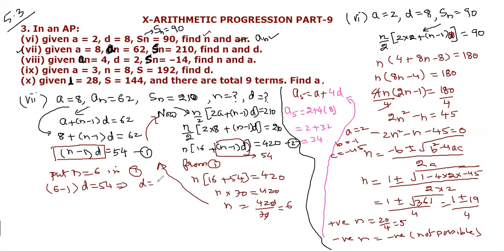So d is equal to 54 divided by 5. So common difference is 54 divided by 5. Yes, correct. So we got the common difference and number of terms. So finish. Therefore we got n is equal to 6, and what was asked, d is equal to 54 by 5.